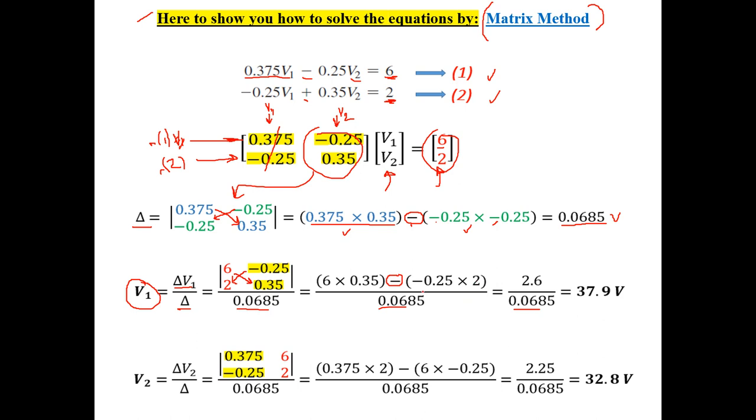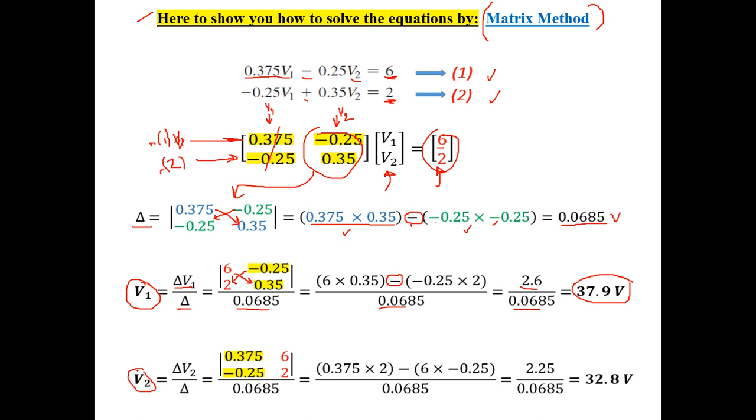Multiply by 2. So the answer by the end will become 2.6. So divided by the delta. So delta V1 is 2.6 and delta is 0.0685. The answer is 37.9, which is approximately the same answer that we have found from the previous method.